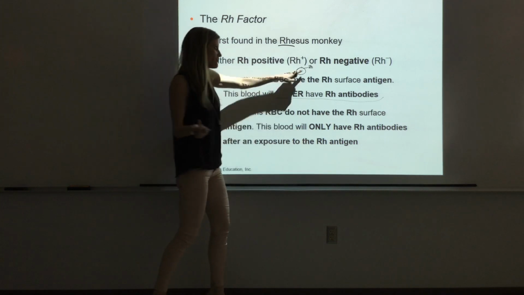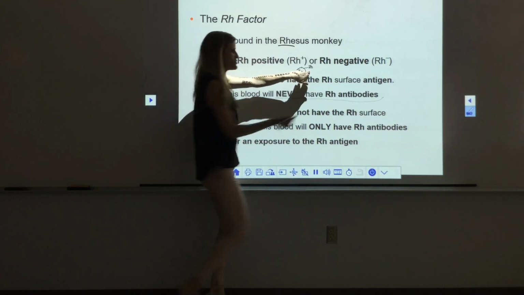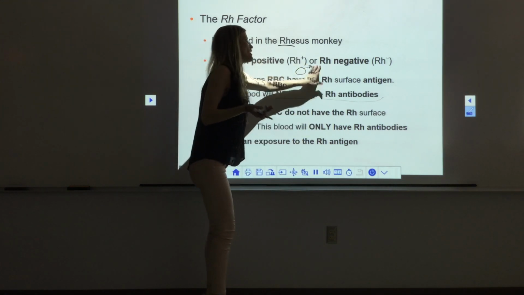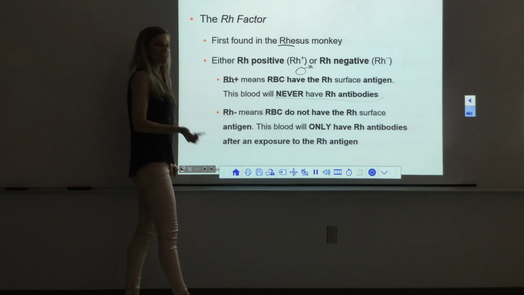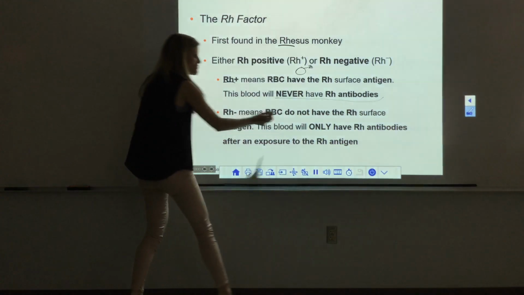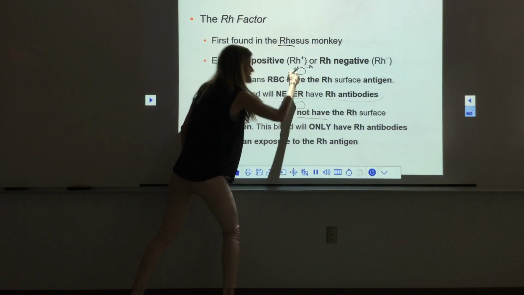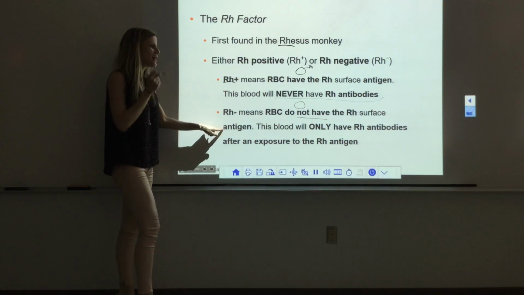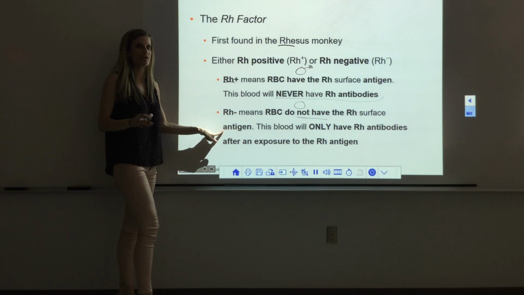If you have the Rh antigen, you would never make something that's going to attack that Rh. However, if you're Rh negative, that means your red blood cells do not have the Rh antigen. You do not naturally make antibodies against Rh.